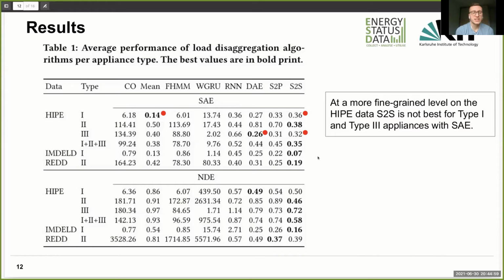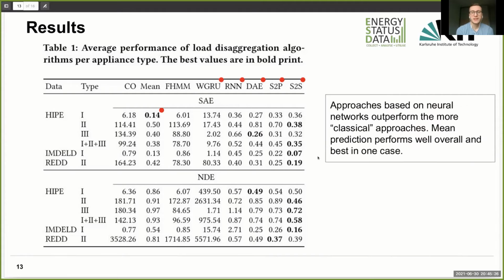Also, for type 3 devices of the HYPE industrial dataset, a different algorithm than sequence to sequence, namely the DAE, performed better. So the summary of this slide is that if an algorithm performs best overall, it doesn't mean that it will perform best for specific types of devices in the dataset. Next slide, please.